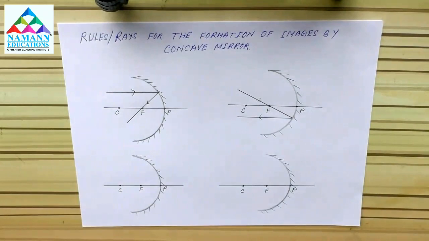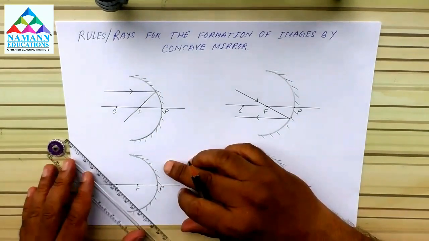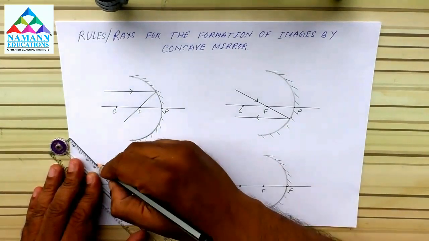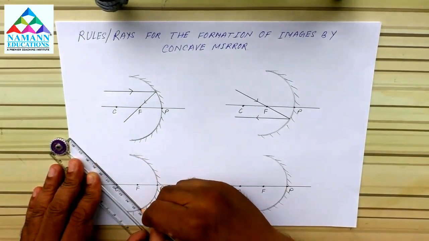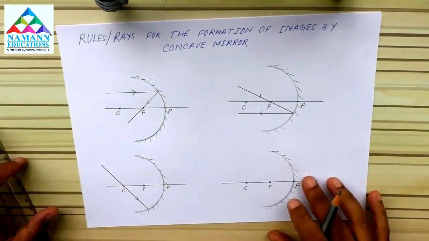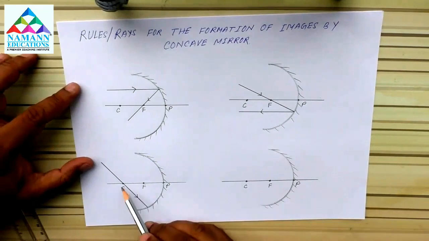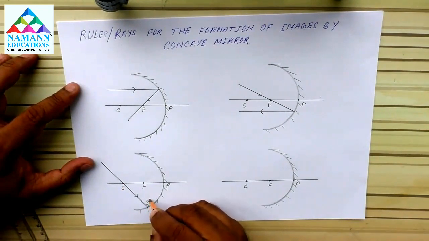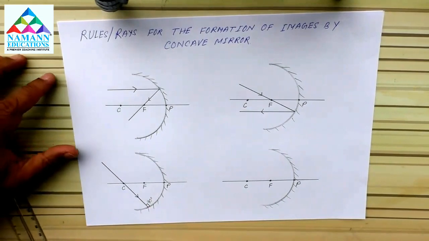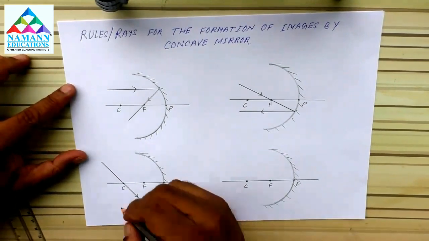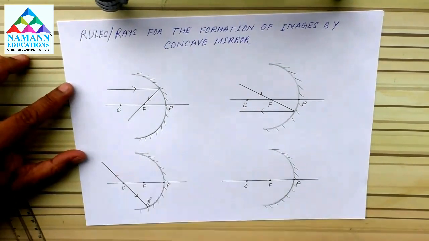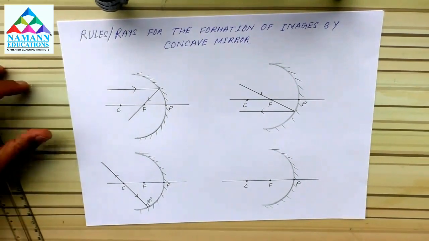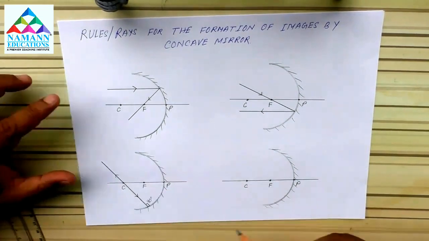Now, third rule: if a ray of light is incident after passing through the center of curvature on the mirror, the ray of light is incident normally, that means this angle will be 90 degrees. And if a ray of light is incident normally, it retraces its path, it will reflect along the path of incidence.